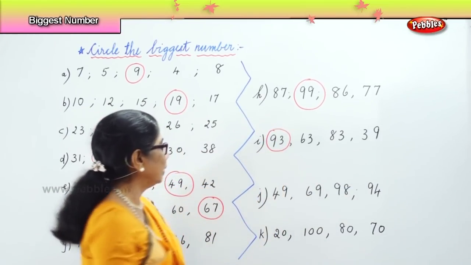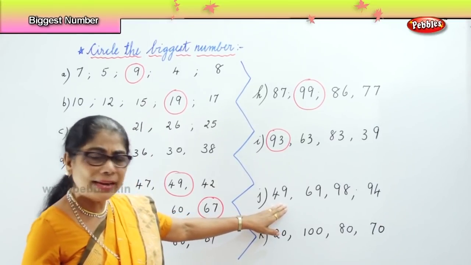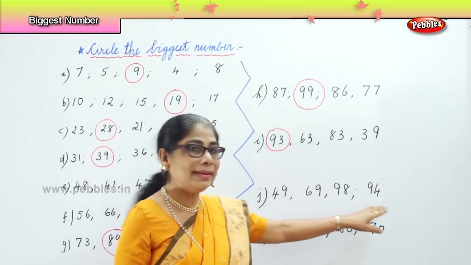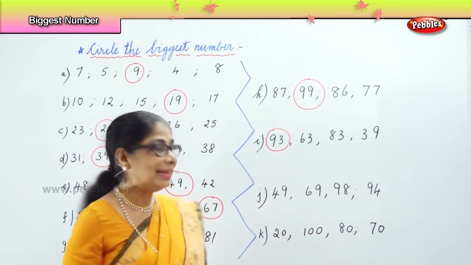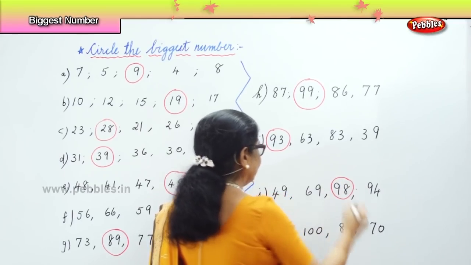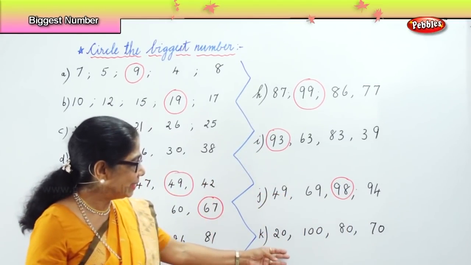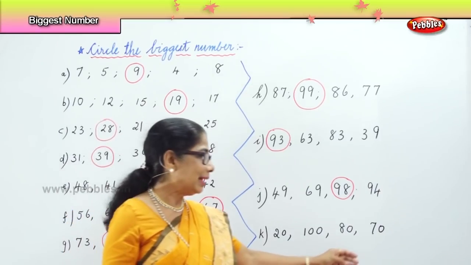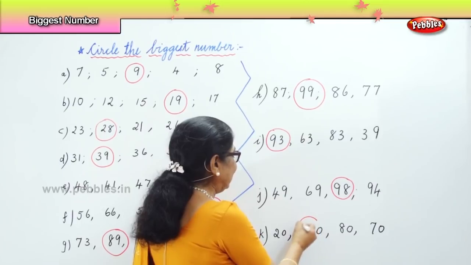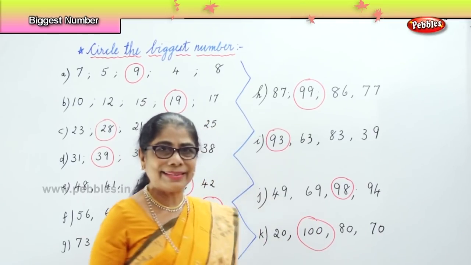Very good. We have next 49, 69, 98, 94. Which is the biggest? 98. Very good. And finally we have 20, 100, 80, 70. Very good. Automatically 100 is the biggest number.